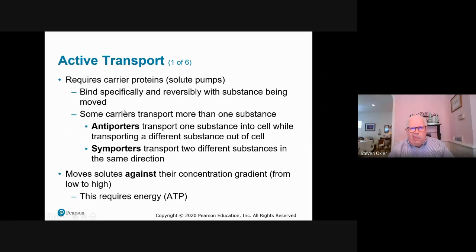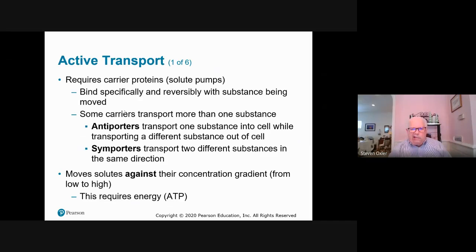Active transport requires protein carriers. These protein carriers are known as pumps, solute pumps. They bind specifically and reversibly with the substance being moved. Some carriers transport more than one substance.